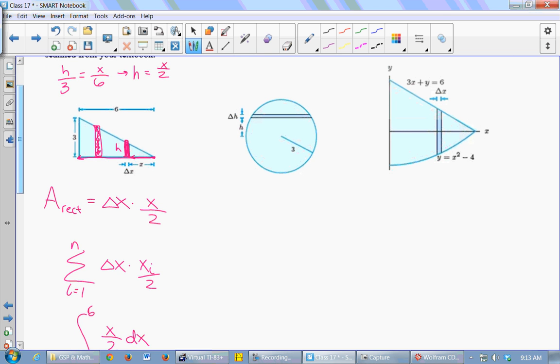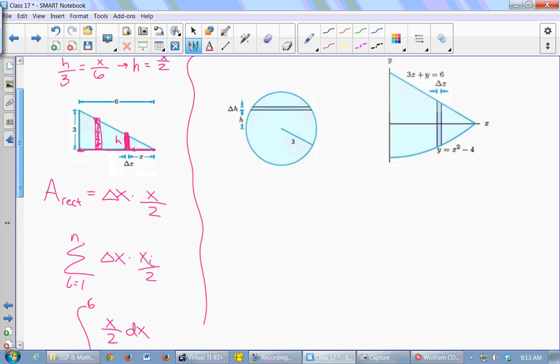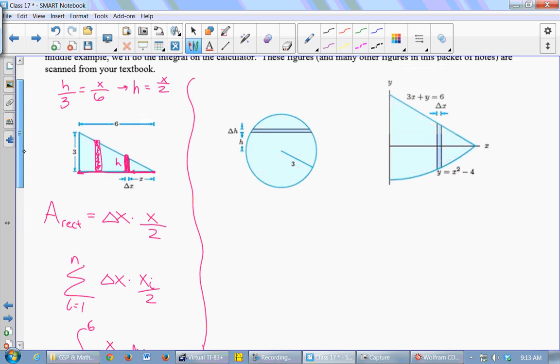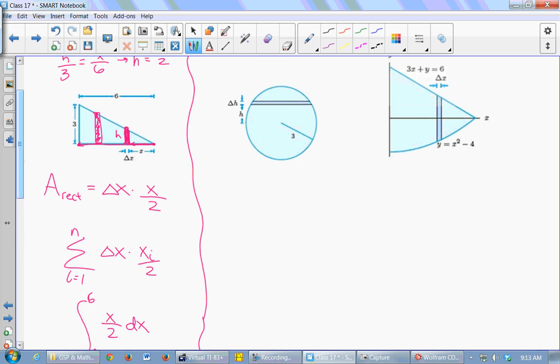All right, let's do another one. So I want to find the area of this circle. It's got radius 3. We all know the area of a circle is pi r squared, right? So I will be able to verify my answer when I'm done by checking, is it 9 pi? But I'm going to do it by slicing to get an idea of this technique. So I have already drawn a typical slice.